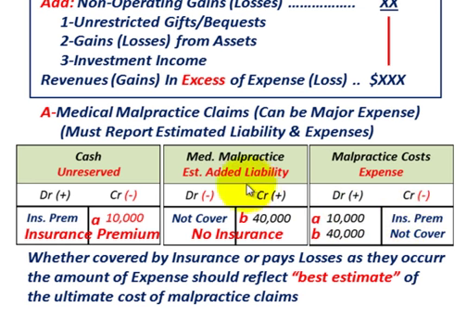And then say, for example, you had a malpractice claim that was not covered by the insurance, or it's an estimated additional liability. You're pretty sure the insurance isn't going to cover it. So in your liability account, you're going to have to credit, or increase, your liability for medical malpractice, and it would be an estimated additional liability.